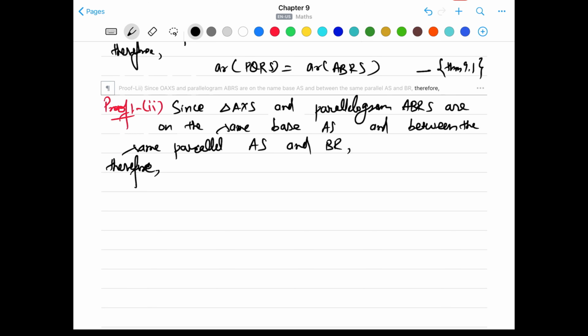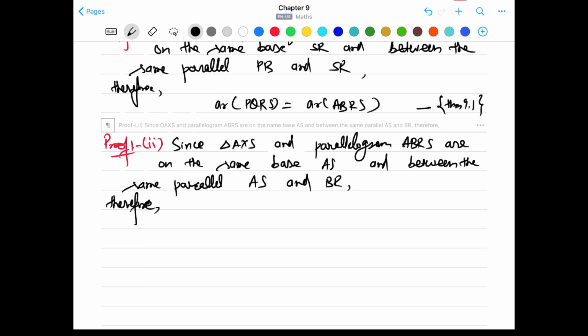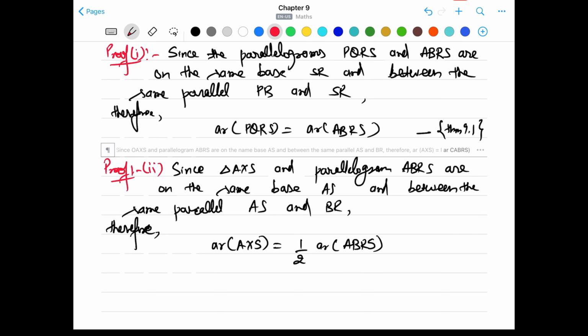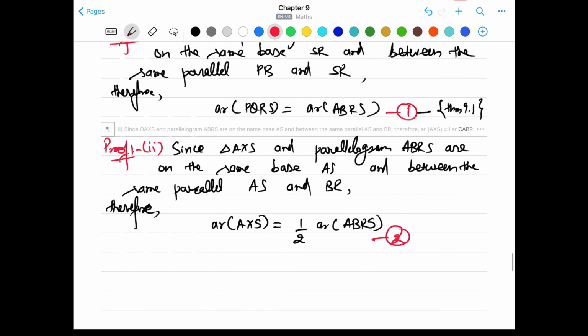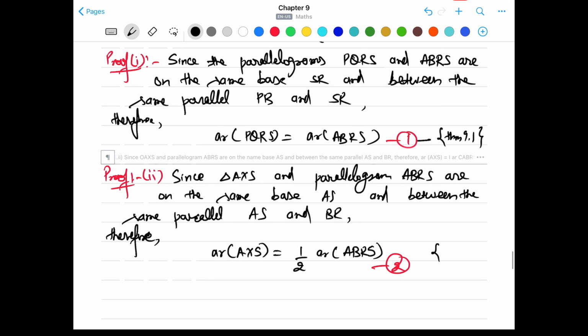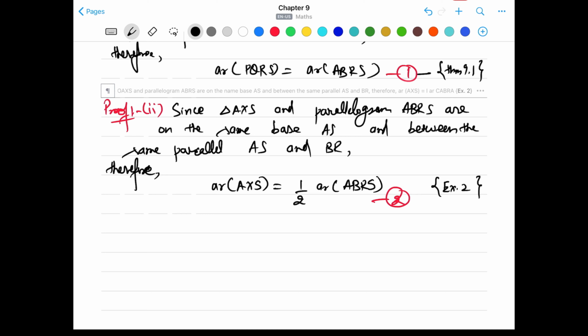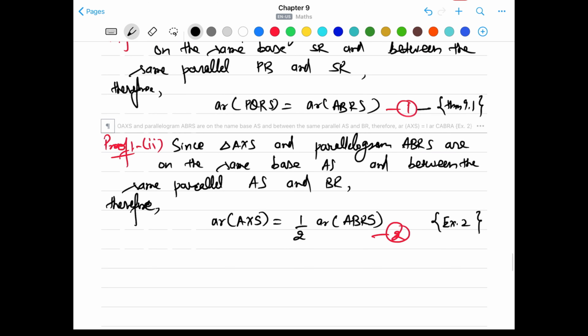Therefore the area of triangle AXS will be equal to half the area of parallelogram ABRS. Okay, let's name the previous equation as equation number 1 and this one as equation number 2. Reason for this one is example 2: the area of a triangle and a parallelogram on the same base and between the same parallels, the area of the triangle will be half the area of the parallelogram.